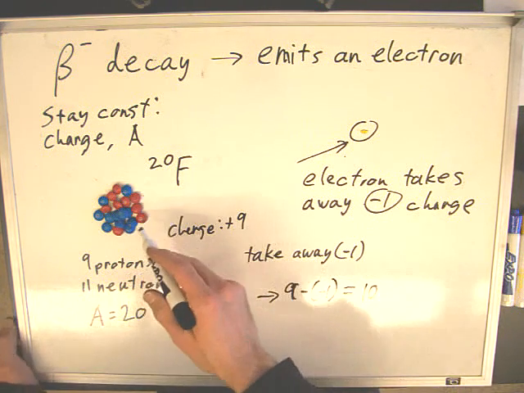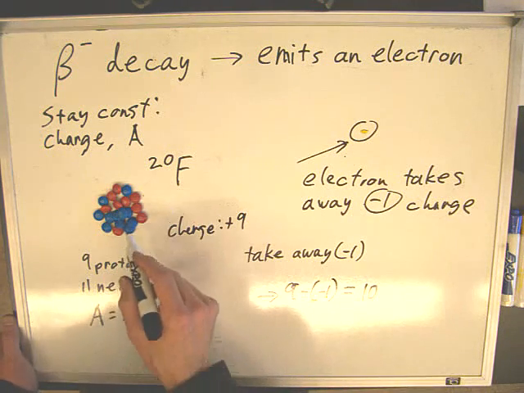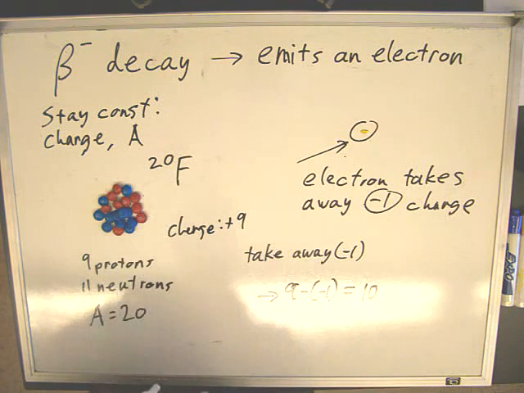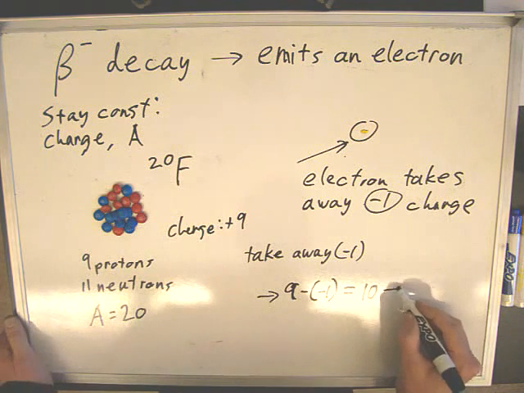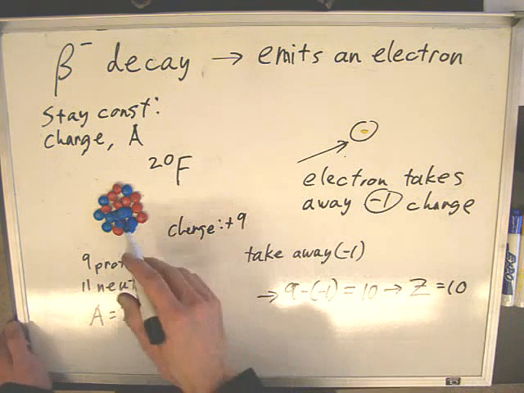So amazingly, when this electron goes flying out, it makes a larger charge of the nucleus. So the new nucleus now has a Z of 10.